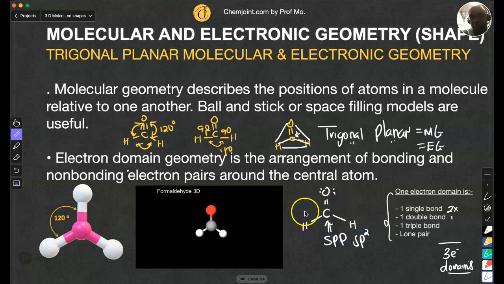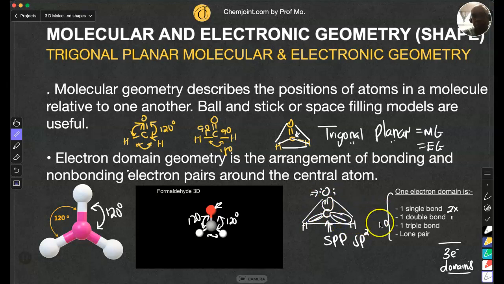The bond angle for sp2, to repeat myself, is roughly 120. This is the oxygen up here, and you see from this model the bonds are spread maximally. If you are to count the electron domains, you're counting these, the double bond, single bond, single bond. Again, you're making a triangle that's trigonal planar.